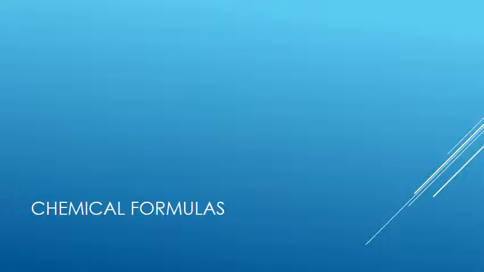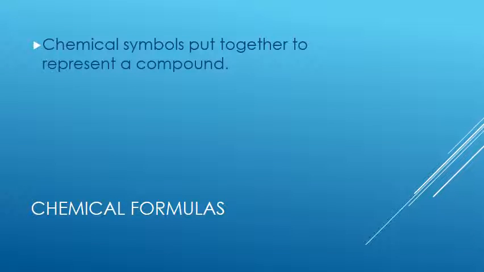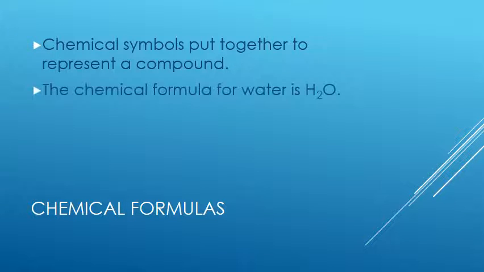Next, I want to take a look at chemical formulas. Chemical formulas are symbols that we've put together to represent compounds. Remember, a compound is when 2 or more elements have been chemically combined. So this is a way we can represent those. One example that you may know of already is the chemical formula for water, which is H2O, written like this.